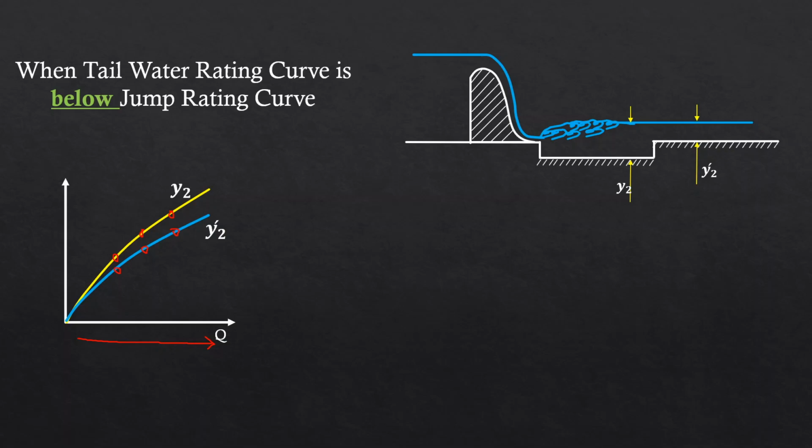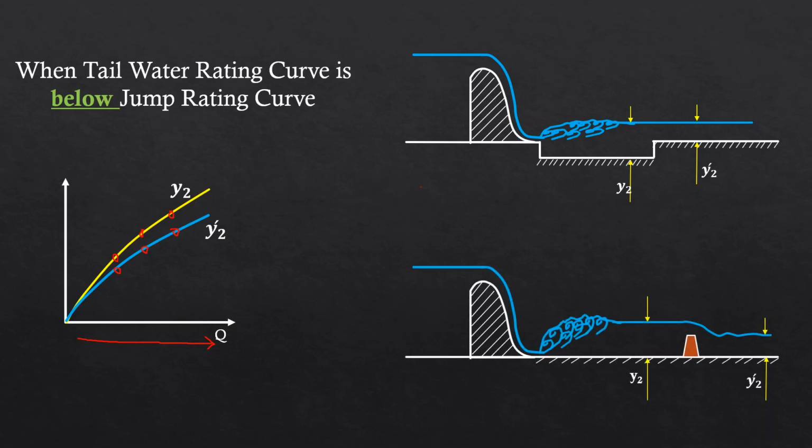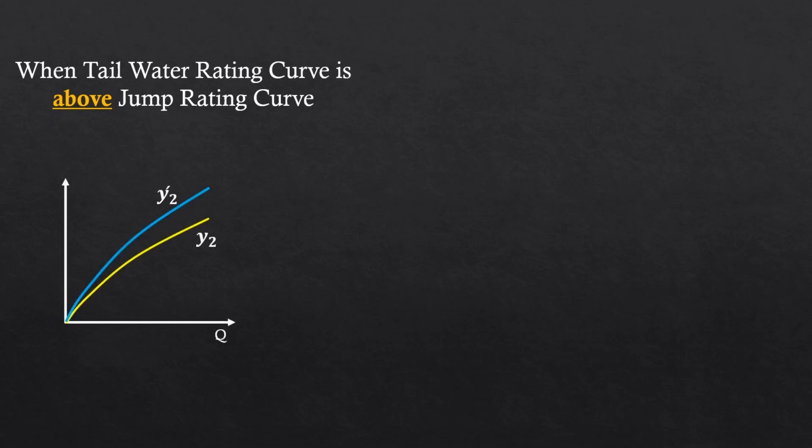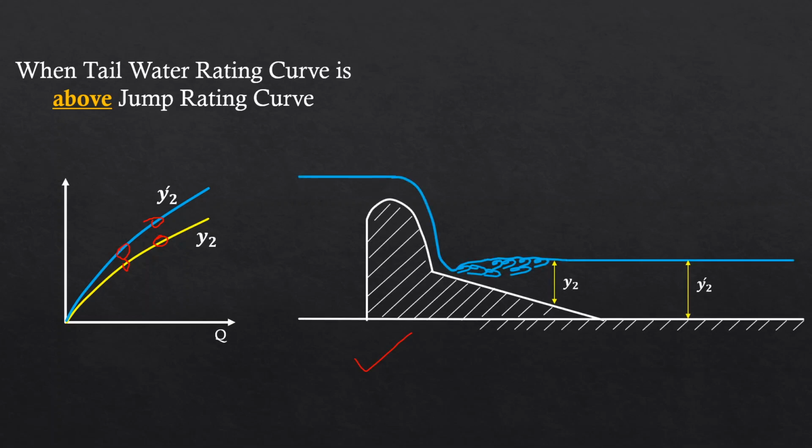So this solution will work. Now, when the tail water rating curve is above the jump rating curve, that means the available water depth is greater than what was required for the jump. In that case, this solution will be applicable, because here we are reducing the tail water depth so that it becomes equal to the required jump depth.